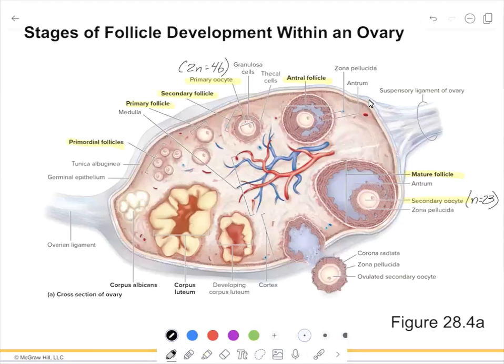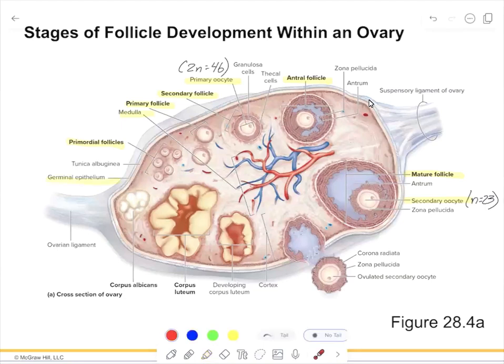It has the 23 chromosomes that are going to contribute to fertilization. So notice again that the center of the ovary is the medulla, and the outer part of the cortex is where germinal epithelium is located.